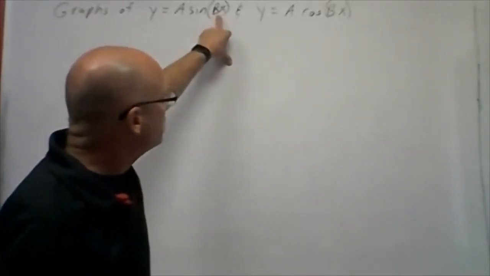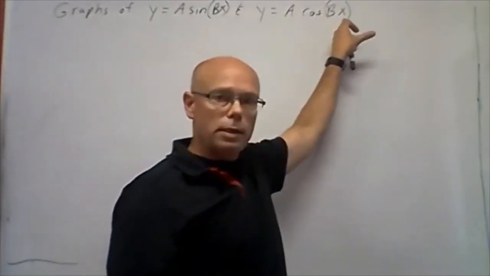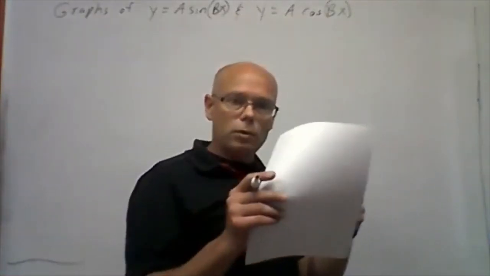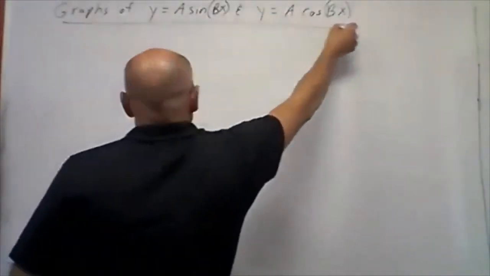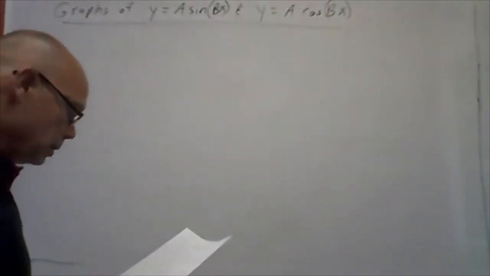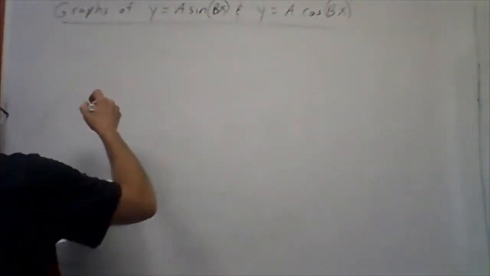All right, bx. What does b do? B times x. That could be a horizontal compression or stretch, okay, depending on what b is. All right, let's write some stuff down real quick.